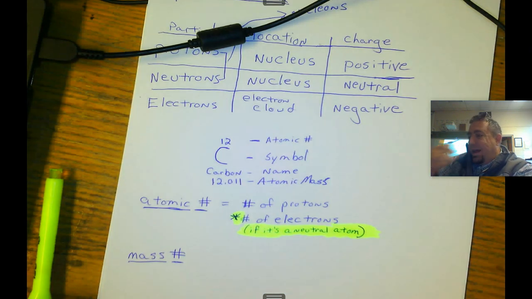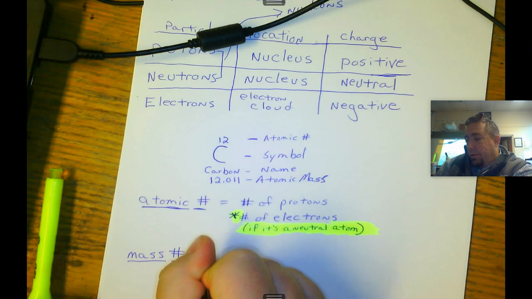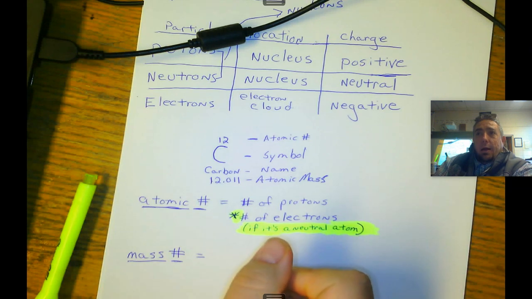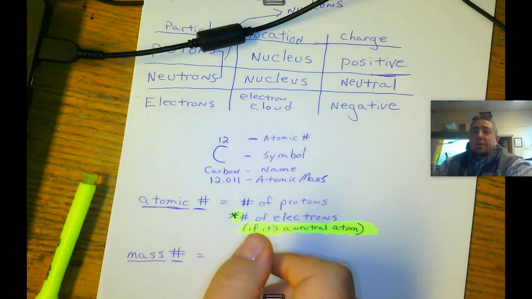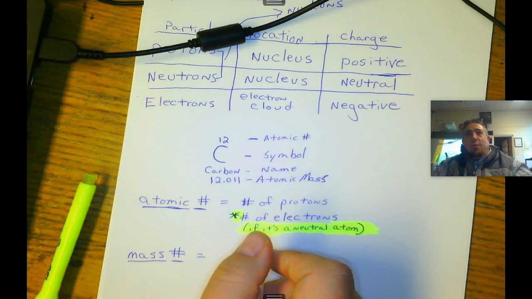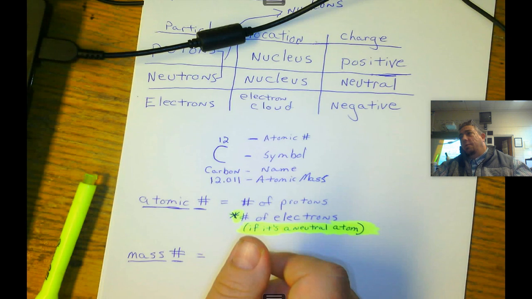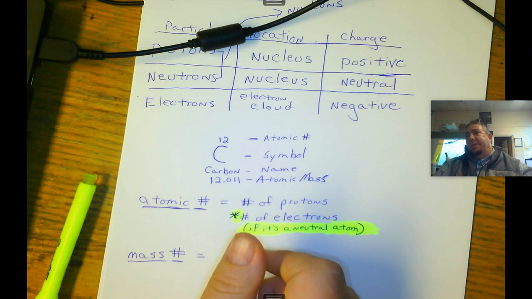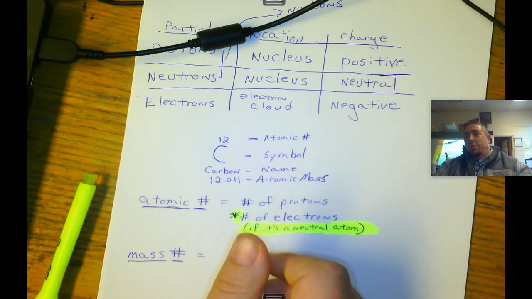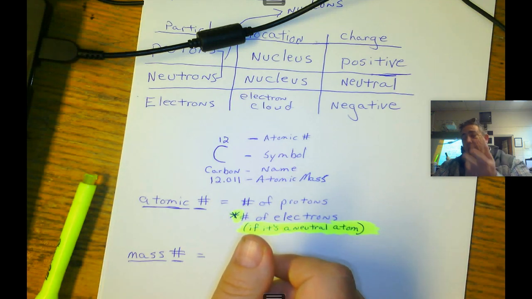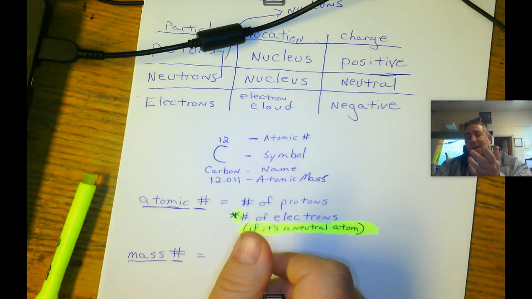Notice that it does not say atomic mass. Atomic mass is the average of all the isotopes of an element. So what that means is that all these elements have different isotopes. Isotopes are atoms that have the same number of protons, but they differ in numbers of neutrons.